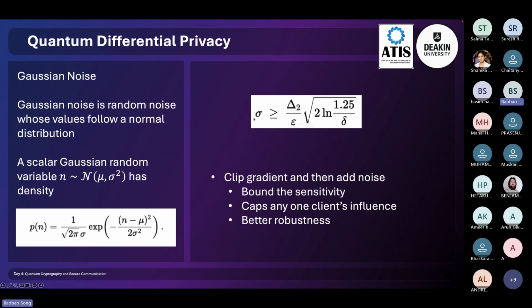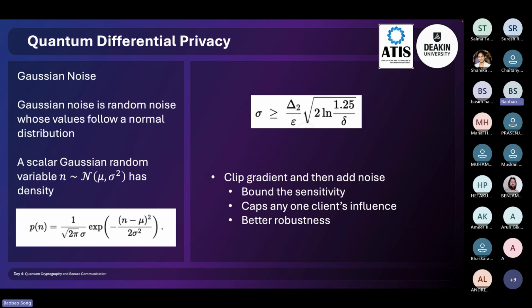And here the sigma is how you can calculate it, and you can show the relationship between the epsilon and the sigma. Before you add the noise, you have to do another step, which is to clip. So you have to clip the gradients and add the noise.